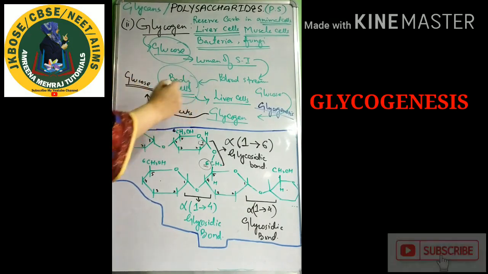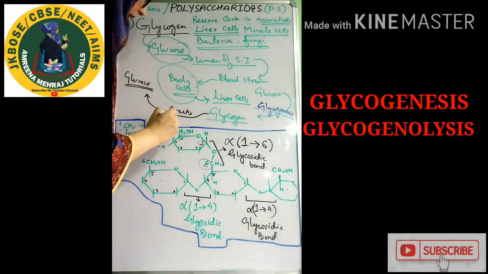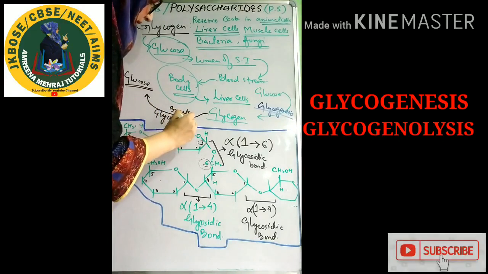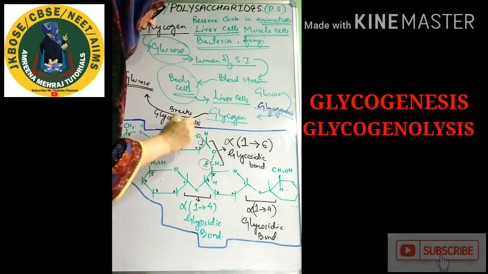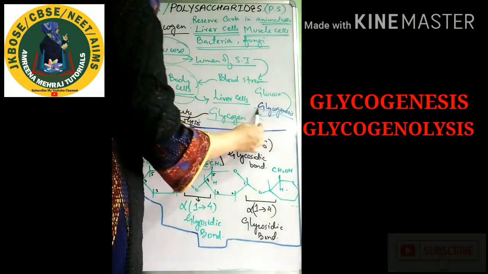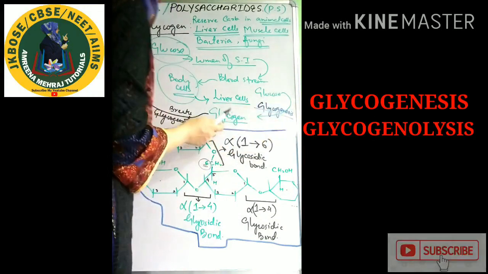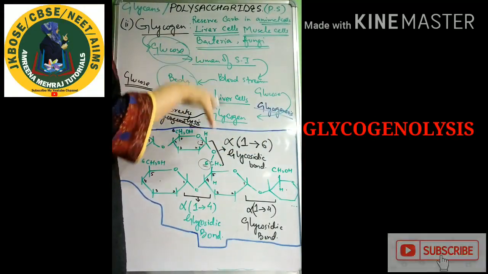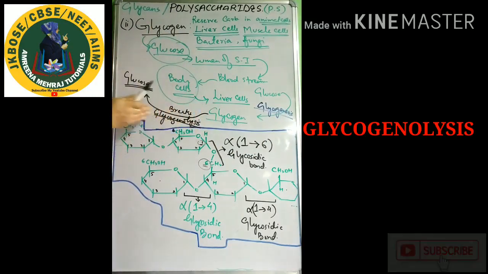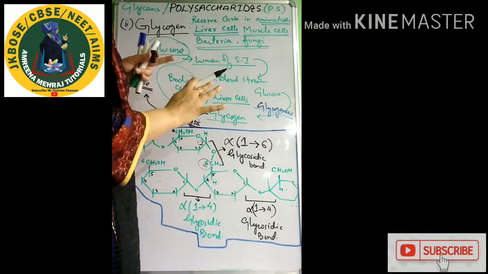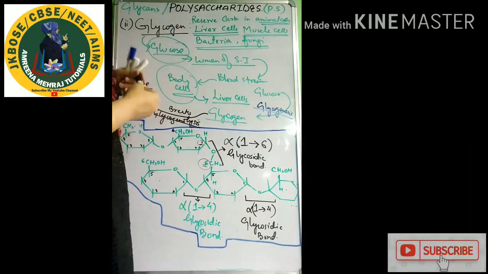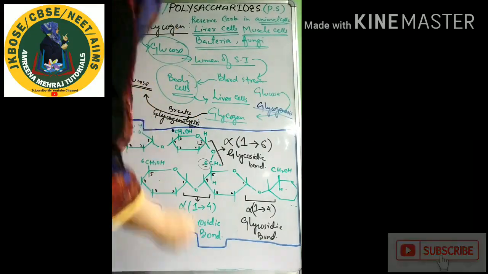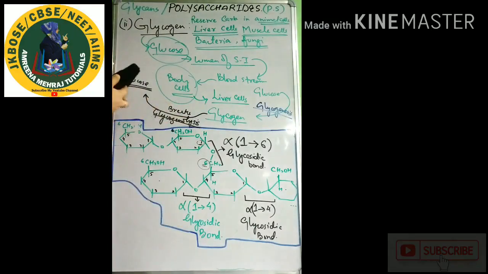This process is called glycogenolysis. So you have two processes over here. One is glycogenesis, which is the formation of glycogen in liver cells, and another is glycogenolysis, which is the breakdown of glycogen to release glucose back. This is generally happening in your body as far as the metabolism of glycogen is concerned. This is also very important to remember.